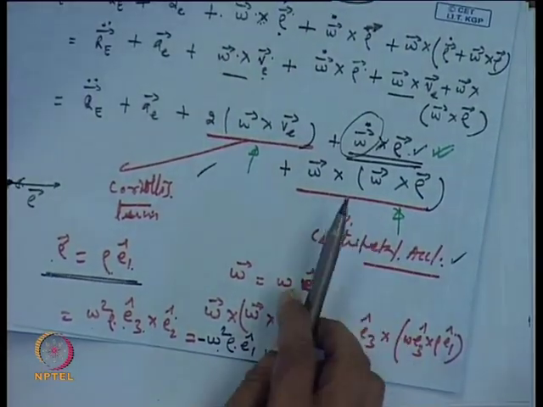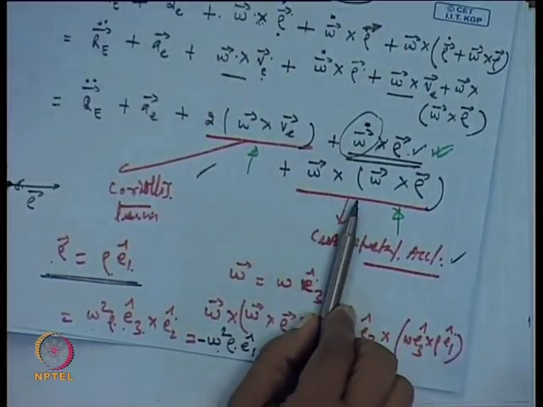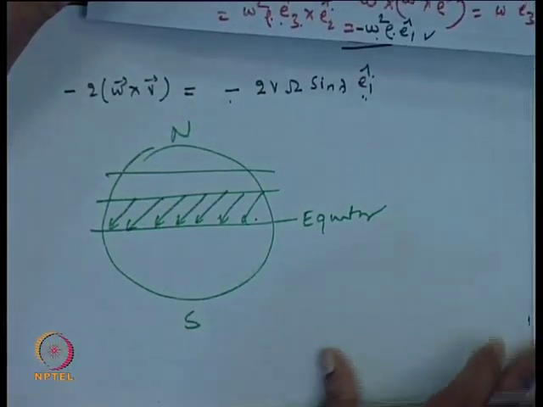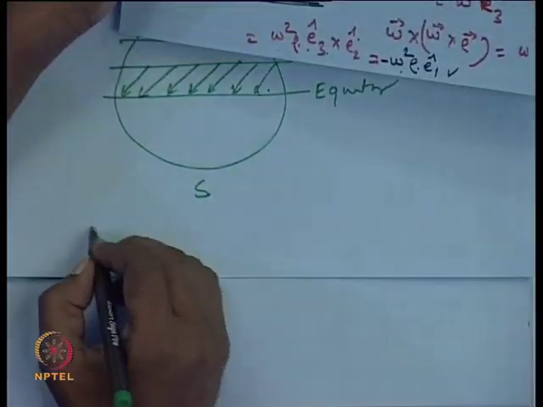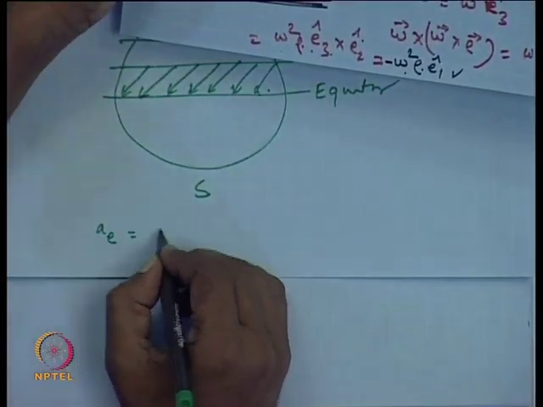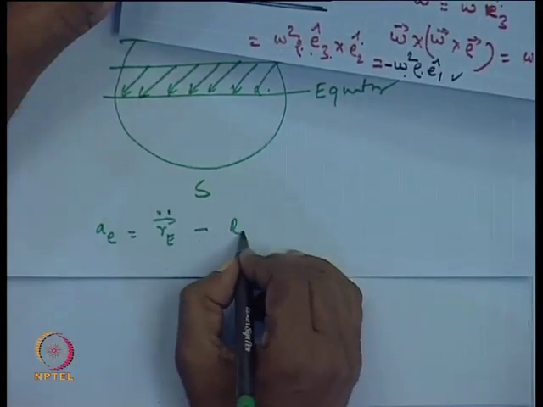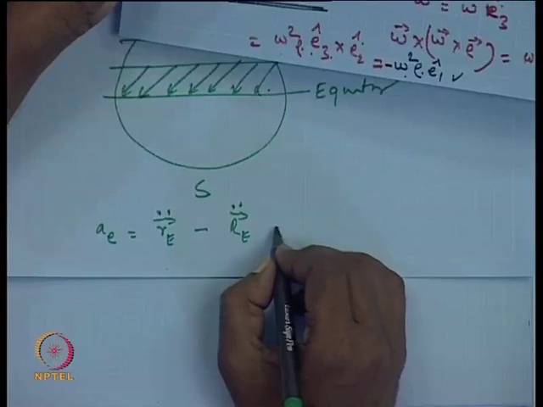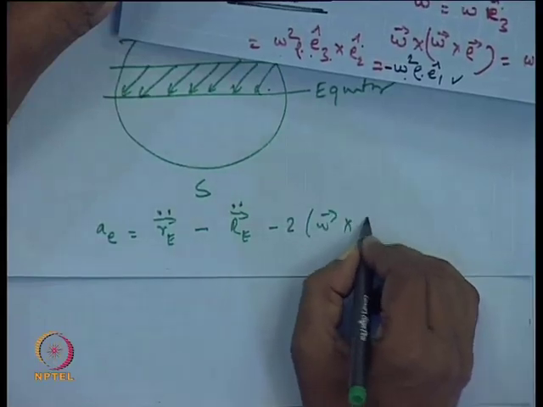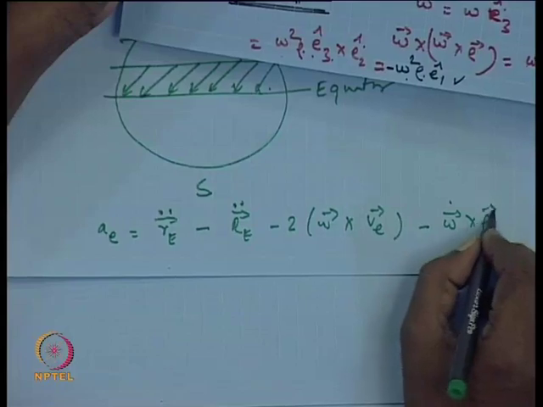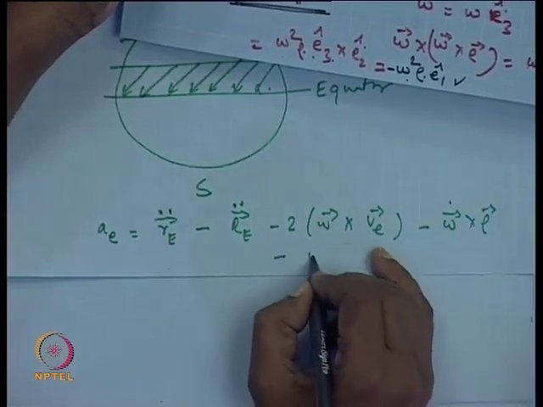So, remember that once we take it to the body reference frame, I can write this as E equal to R e double dot minus R e double dot minus 2 times omega cross V minus omega dot cross rho minus omega cross.